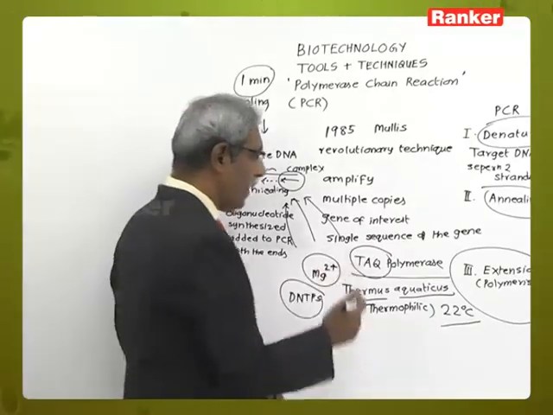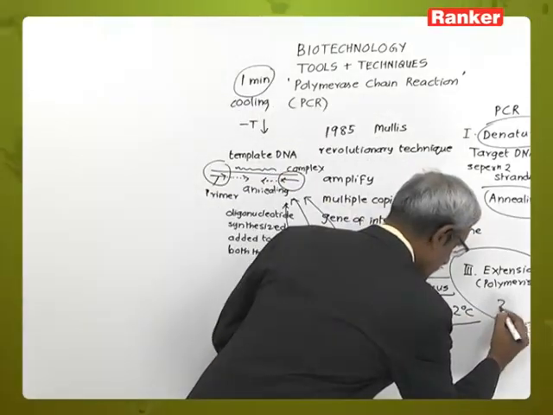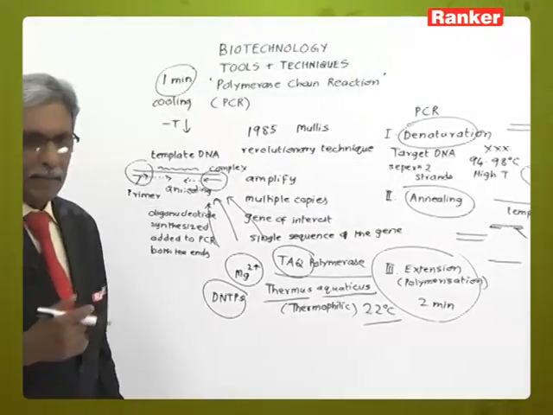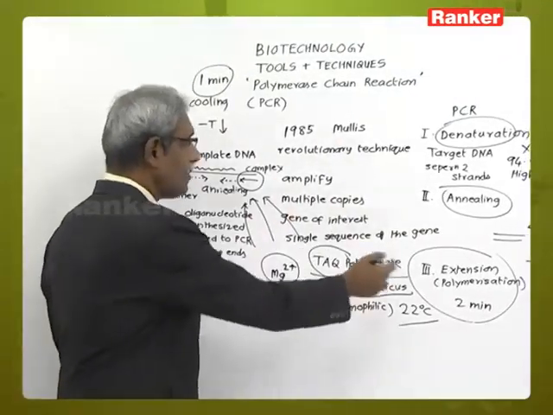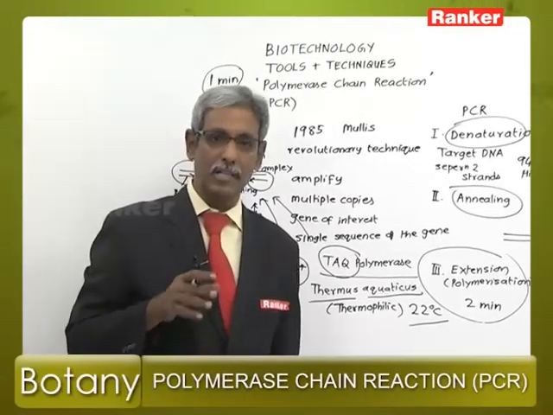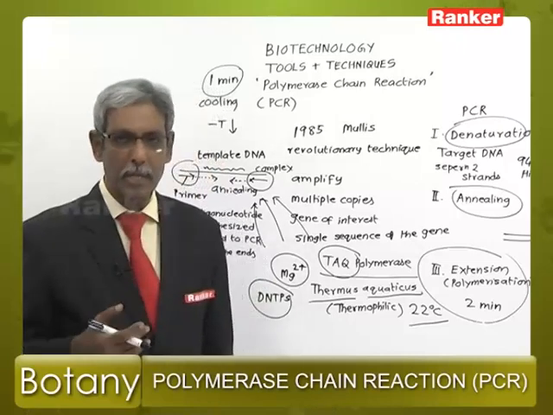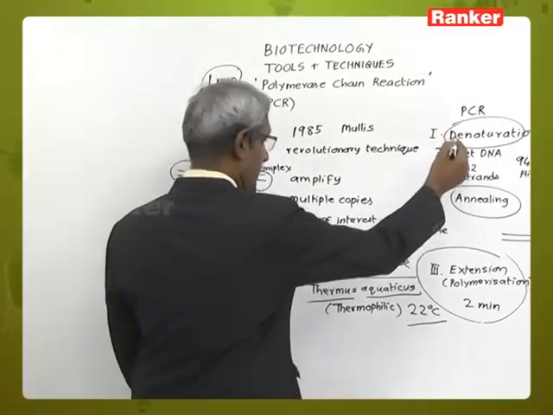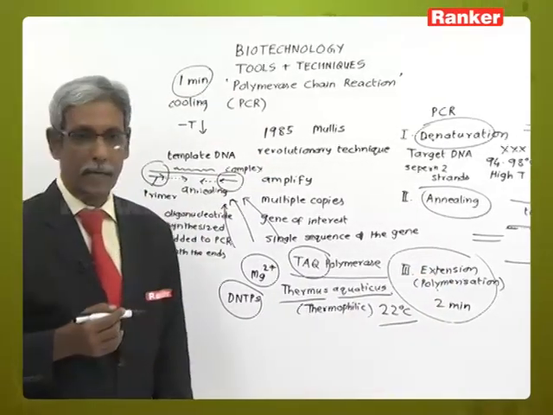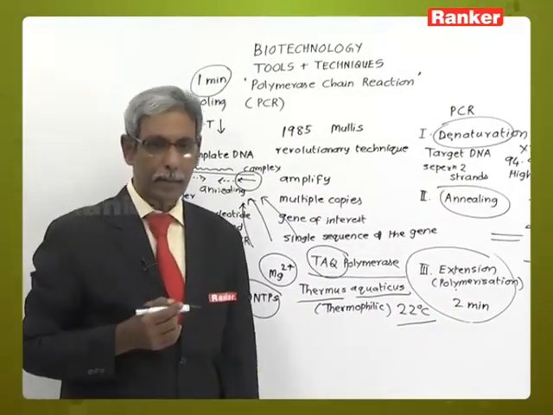And the time for polymerization is 2 minutes. So, in 2 minutes the entire sequence finishes off. So, in a PCR cycle or polymerase chain reaction cycle, we have the repetition of denaturation and polymerization. These are the two important components which keep on getting repeated again and again.